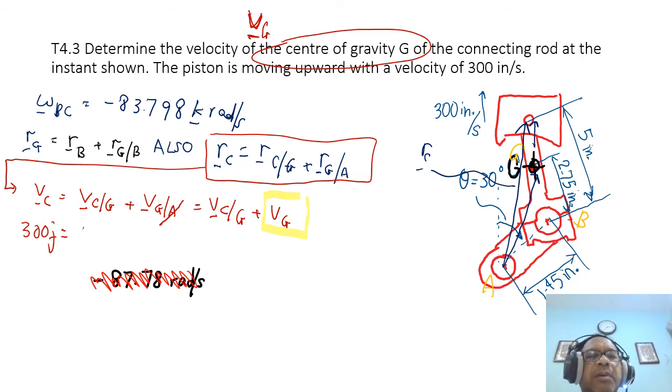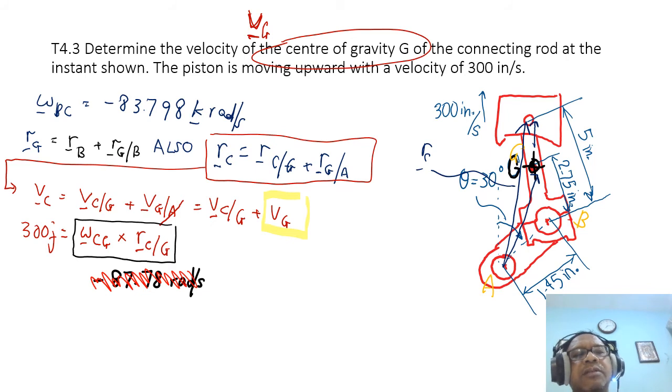VC relative to G is omega CG cross position vector C relative to G. Okay, this might be a bit challenging for you guys, but we have done that before. The velocity of any point relative to a point on the same body is equivalent to the angular velocity of the whole body cross product with the position vector of the wanted point relative to any point on the system. So this is relative to CG. So plus VG.